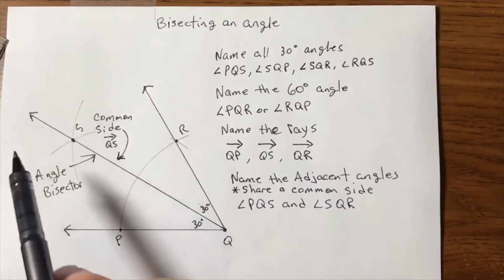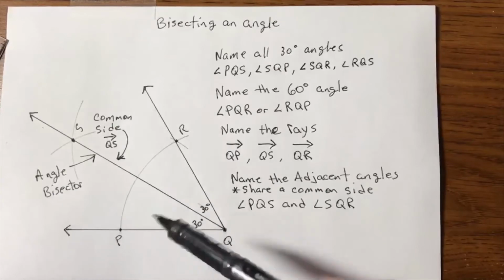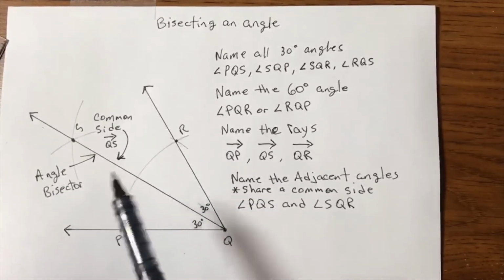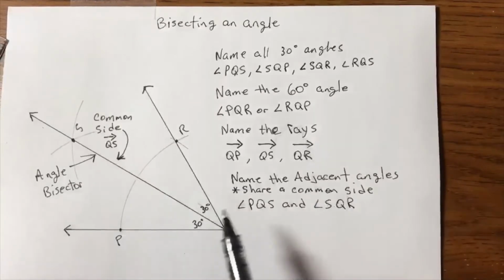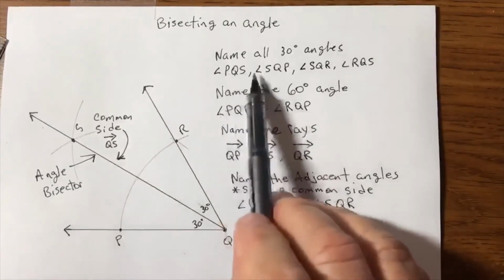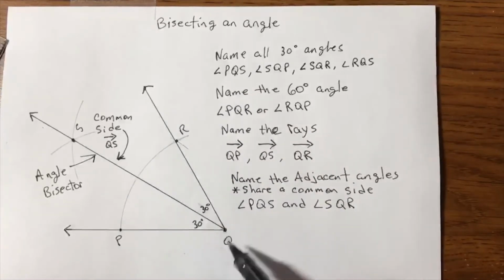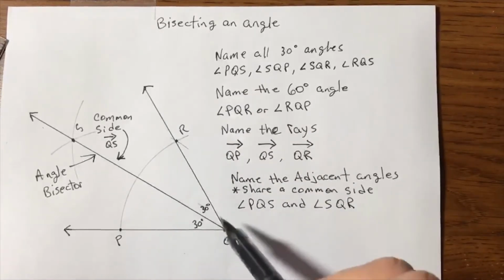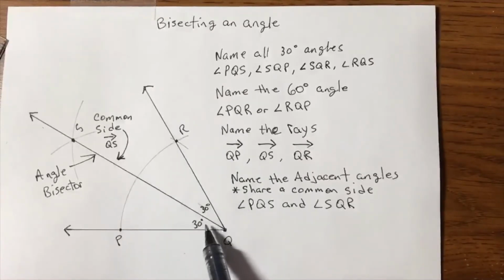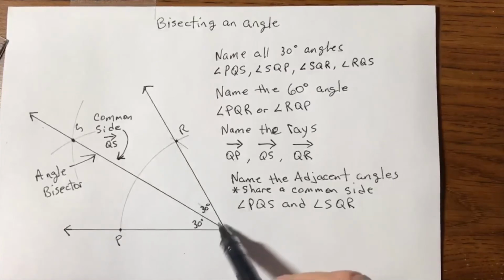Alright, so those are the adjacent angles. You've seen the bisector. We constructed the bisector. We bisected an angle, and we named the angles with the 3 letters. Now remember here, we can't just name it Q. Q now cannot be naming these angles with just 1 letter, because there are 3 angles here.